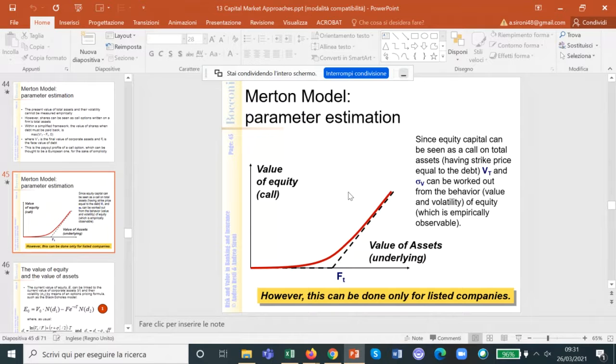Now, if this is the case, then in the case of the equity, we can observe something empirically. We can observe the value of the equity, which is the market cap of a company, and we can observe the volatility of the equity, which is the volatility of the stock price return. Clearly, only if we have a listed company.